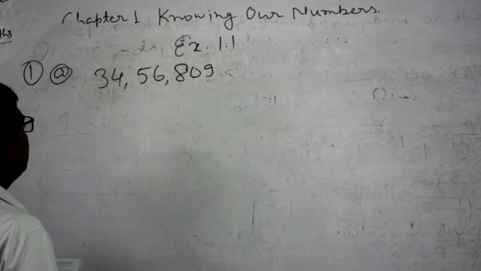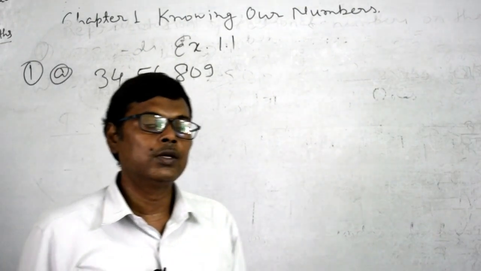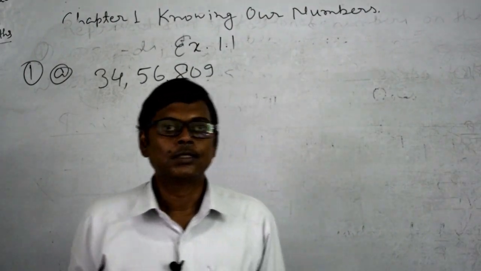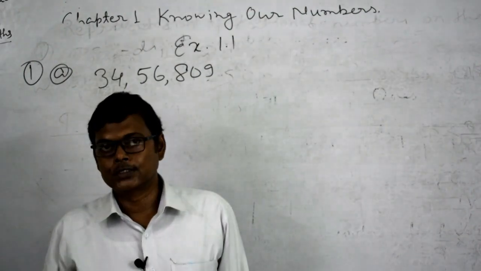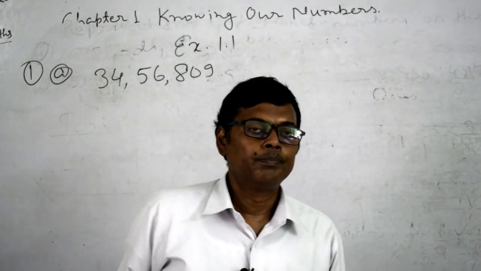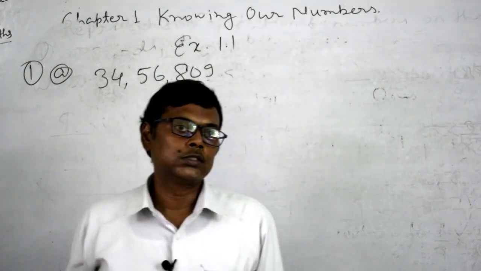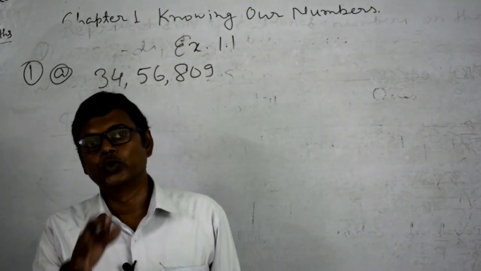So what is the name? First, whatever number you are given, you will put commas at the appropriate places, that is, divide the number into the respective periods. Again I will repeat, the periods in the Indian system are ones, thousands, lakhs, and then crores.